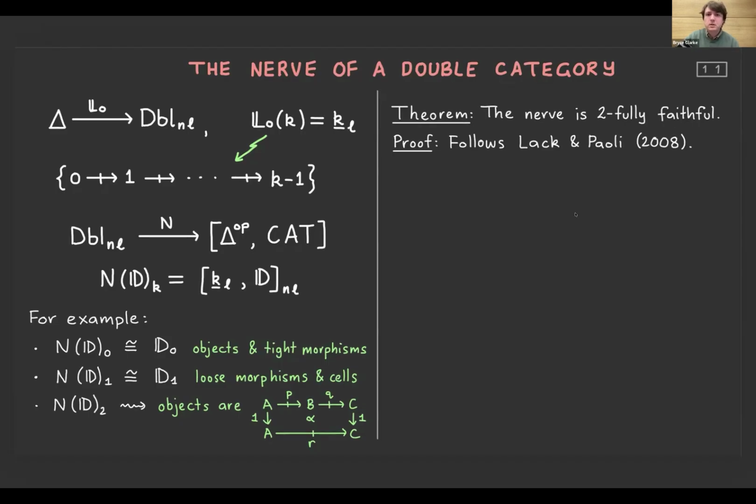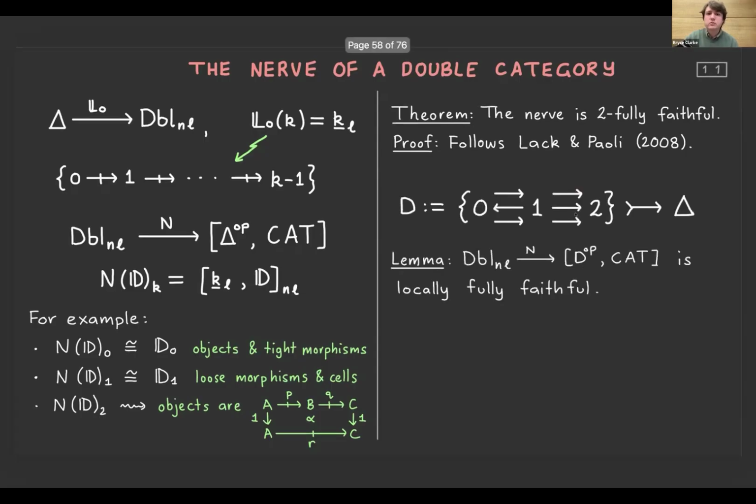So, okay, that's good. We had this 2-fully faithful nerve, and we could restrict the simplex category to just some smaller piece of data, which I'm calling D for now, consisting of these objects and these morphisms. A small lemma that one can prove is that this inclusion is now locally fully faithful.